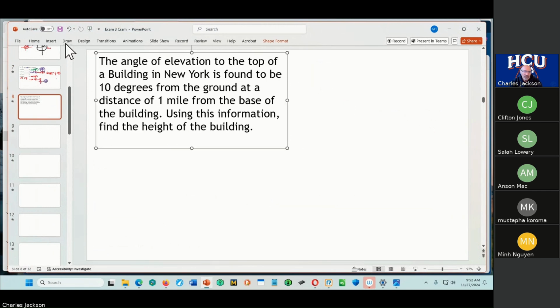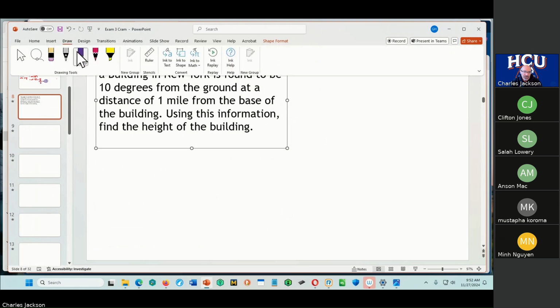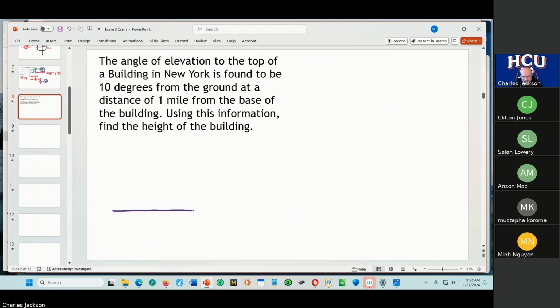So just so you remember, my purpose is just so you remember what angle of elevation is. Of course, we're now in chapter 8 where we're going to have a lot more problems involving angle of elevation and angle of depression. But angle of elevation is if your eyeball is on the ground, building, the door.